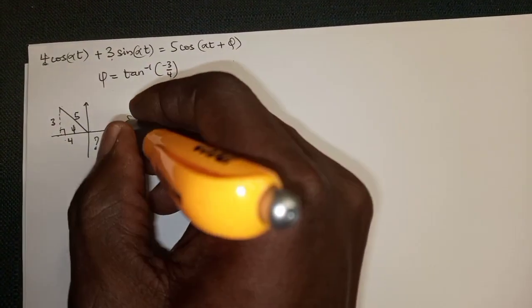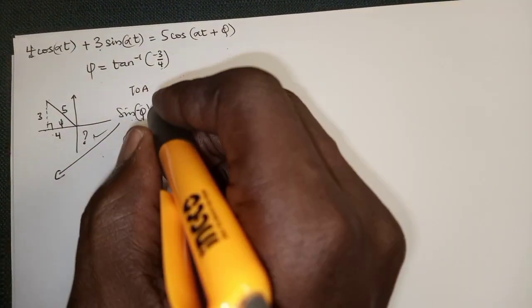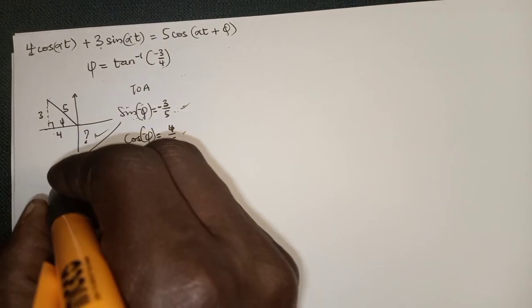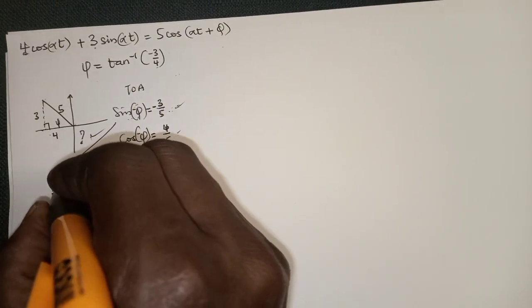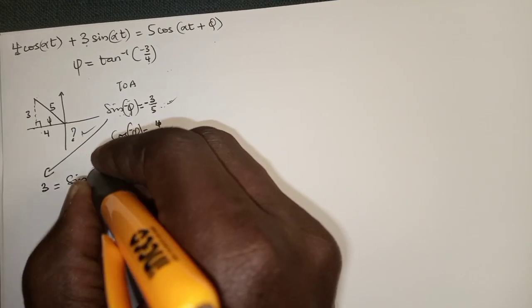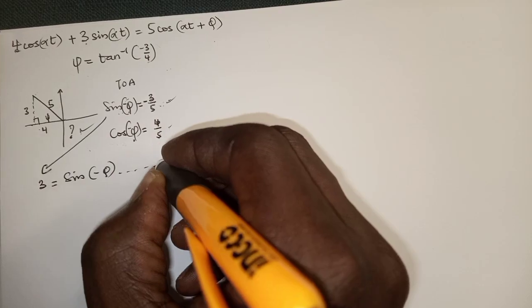We first decide to forget the negative, so 3 will be equal to 5 sine of negative phi. Okay, so that will be equation 1.